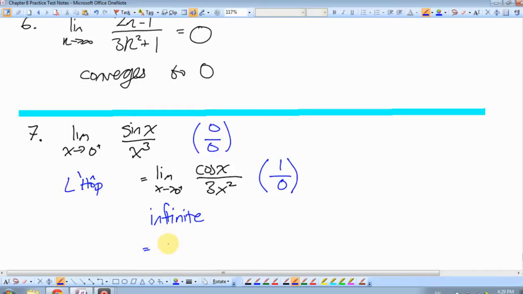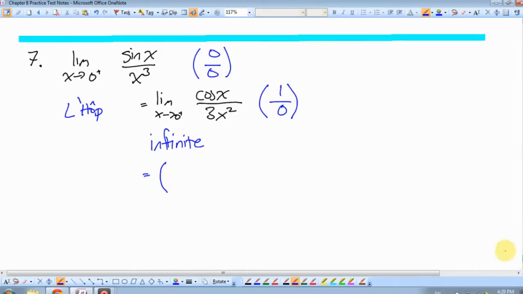Let's see. If I plug in numbers to the right of 0, numbers that are bigger than 0, will the numerator be positive or negative? Positive. Let's take a look at the denominator. If I plug in a number to the right of 0, let's just say 0.1, will this give me a positive or negative result?